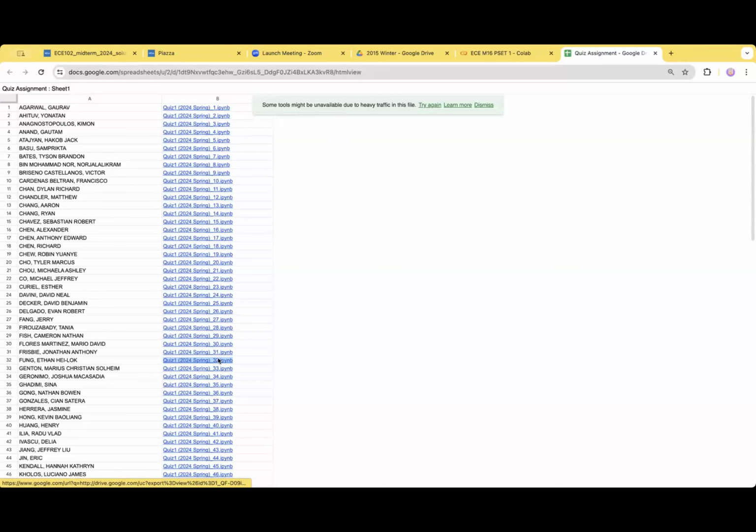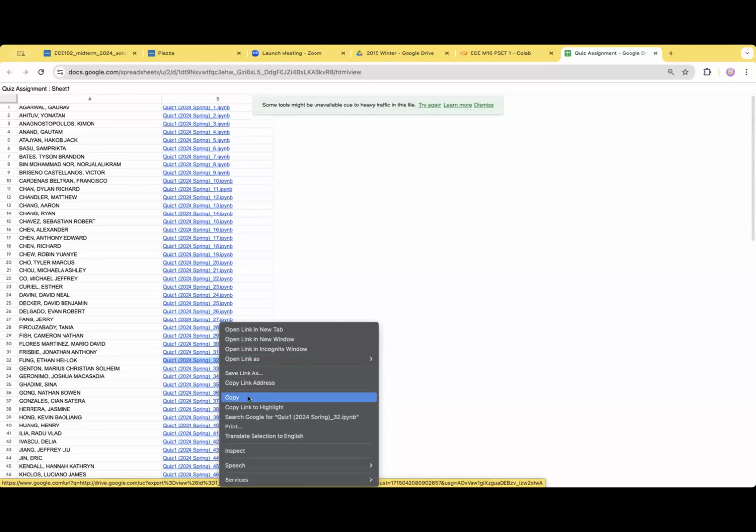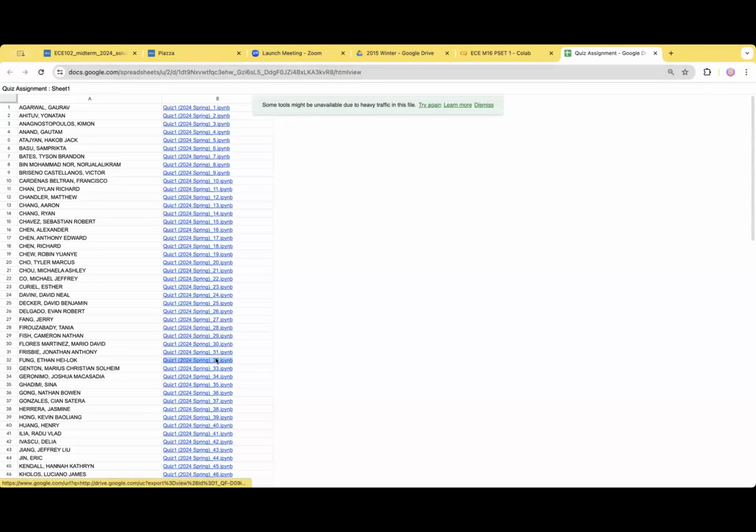Just right click, copy the link. It should be a Google Drive link. Can I share my screen to show what's happening? Yeah, share your screen, please. So I copy the link and then I paste it. No, no, you are not copying properly. Copy link address. And then it does this and it just stays here. I'm getting the same error too.